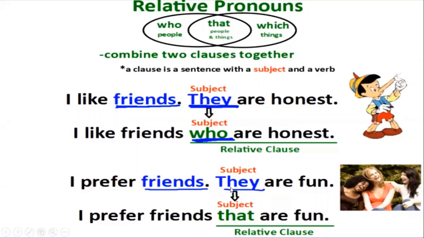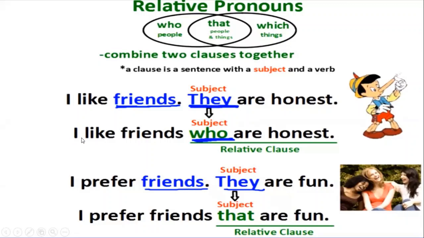Same thing happens here with that, right? They is the same as that, in intention, and that is referring to friends as well. And they are both used as subjects, right? Because they are the subjects of this sentence. Now, when I say I like friends who are honest, what is the subject of this sentence?